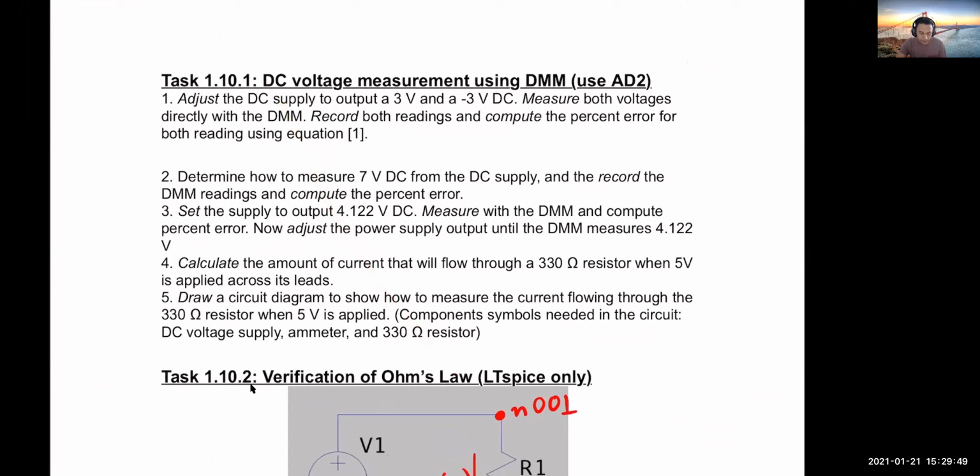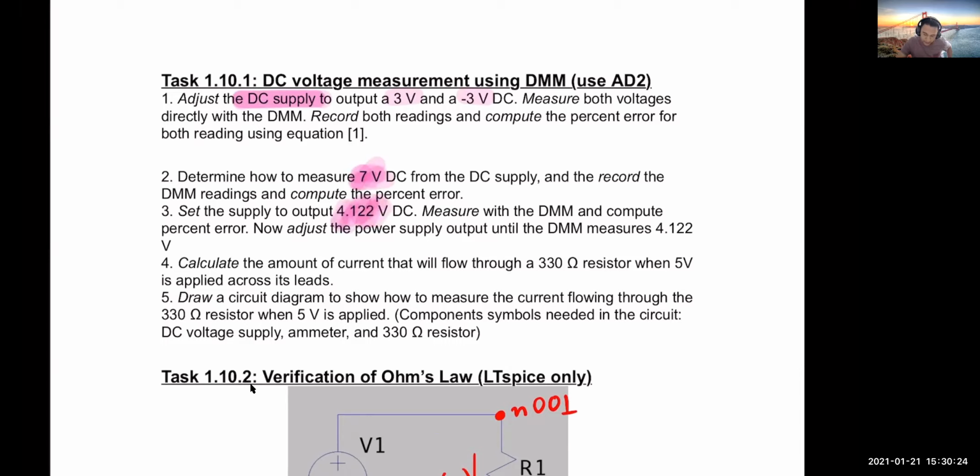So what are you going to do in each of these tasks? In task 1, you're simply generating some voltage with a DC supply source, and you're trying to generate different voltages: +3, -3, and in step 2, you're trying to supply 7 volts, 4.122 volts.